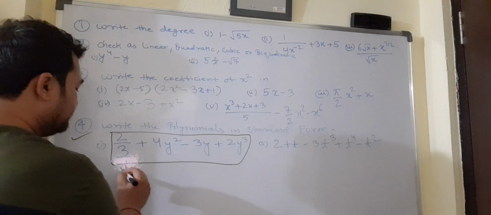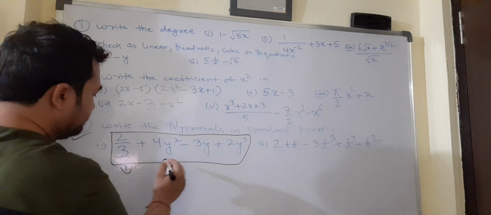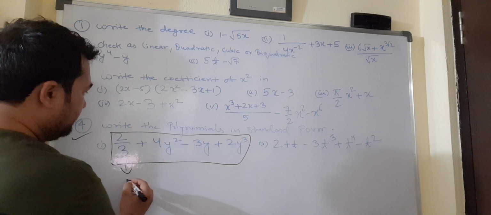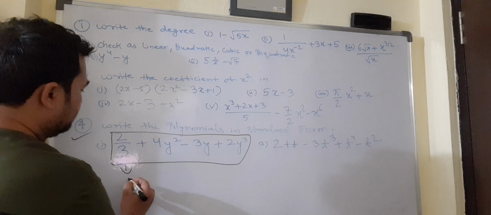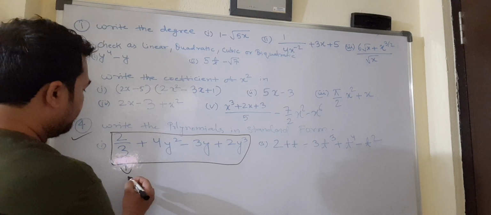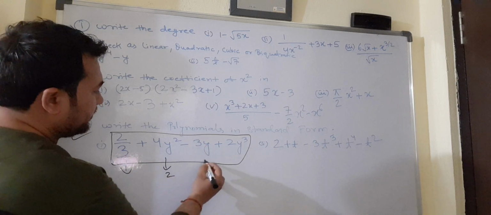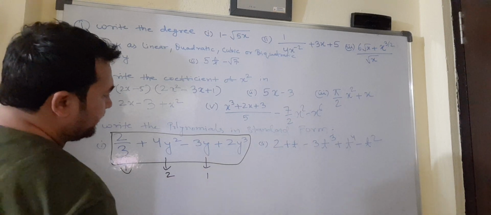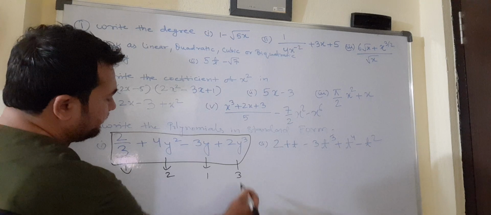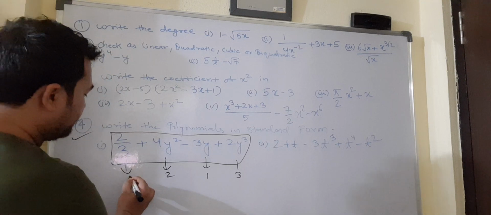So here is one term with x, or the variable, to the power 0. Here the variable has a power of 2. In this case the variable has a power of 1, and in this case the variable has a power of 3. Here the variable has a power of 0.